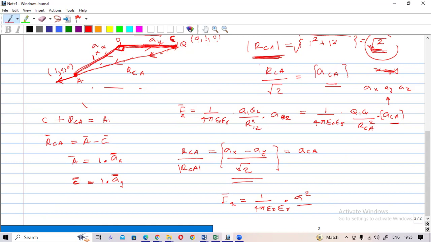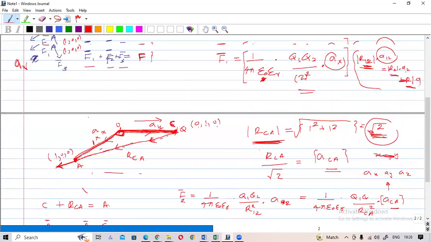If the vector is squared it becomes a scalar, because here you take the dot product. So it will be 2, and ACA is AX minus AY over root 2. So we have found F2 also.